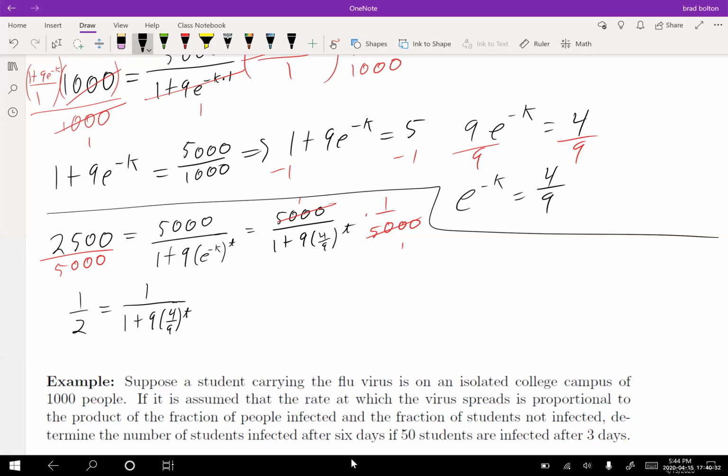Okay, so now let's flip both sides of this proportion. So 2 is equal to 1 plus 9, 4/9 to the t. Let's keep going. Subtract 1. This will be 1 over 9 is equal to 4/9 to the t.